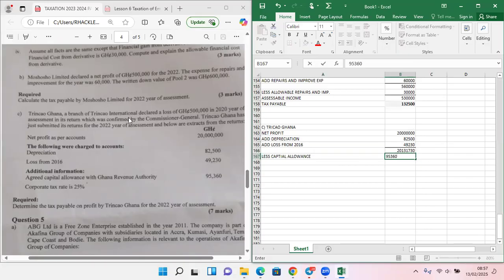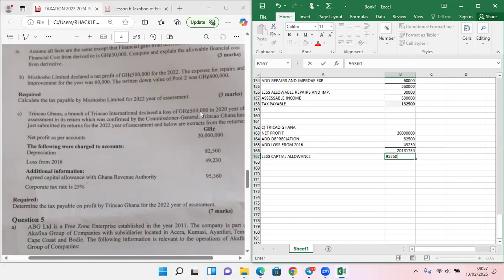Yes, there was a loss declared in 2020, which was 500,000. But because they didn't give us any profits for the next year, for example if they had given us a profit in 2021, then we could have subtracted and seen whether there is still any loss to be carried forward.